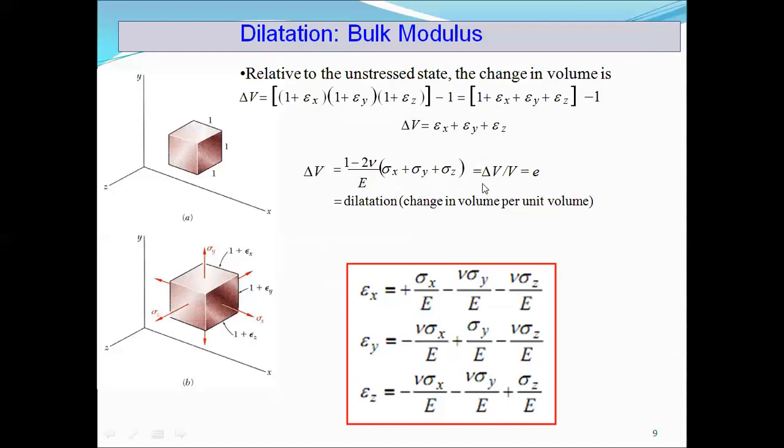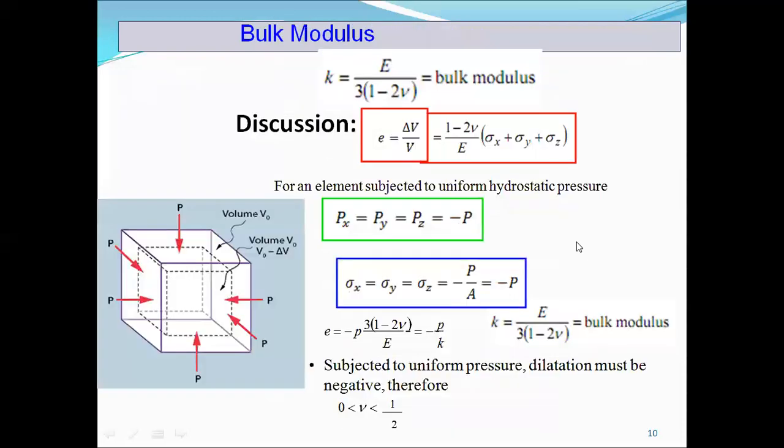Dilatation is the change in volume per unit volume. The original volume of this cube, a unit cube, is 1. So if you divide this change in volume by 1, we get the same quantity. So this is also the equation for the dilatation, the change in volume per unit volume. We got this equation for the dilatation in terms of Poisson's ratio, Young's modulus, and the stresses applied on the material.